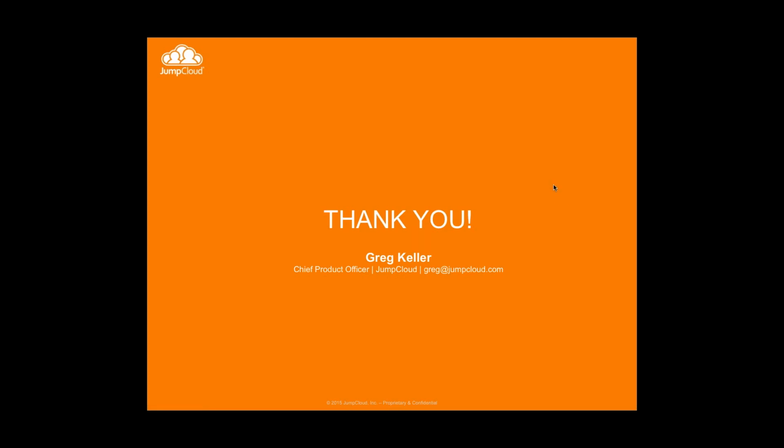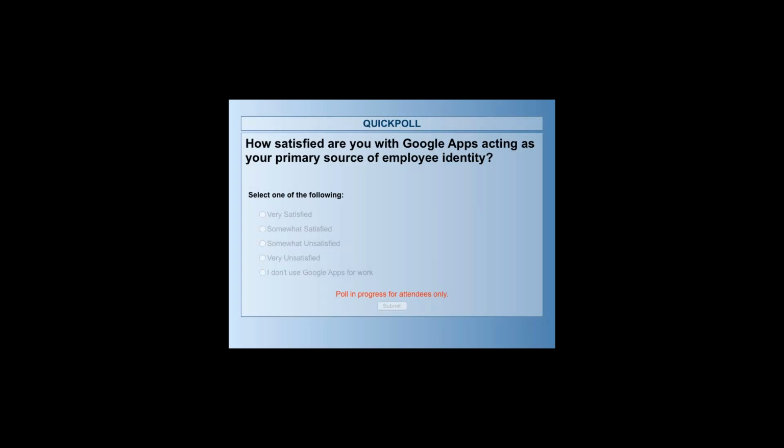We have a few polling questions here that we're going to go with, and Jules, if you want to launch the first question. How satisfied are you with Google Apps acting as your primary source of employee identity? If you could select one of the following, this isn't too hard. We'll give you a couple of seconds here to vote.